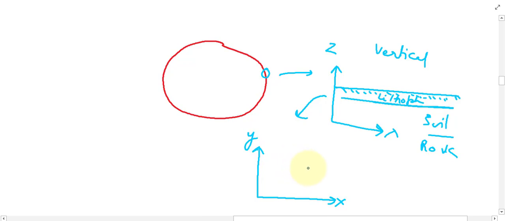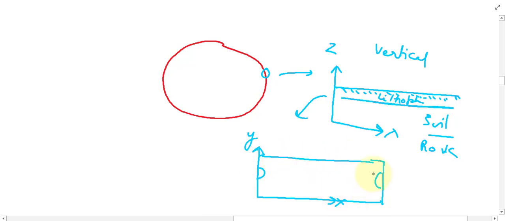for this I will consider again the same example of a football field, which is just like this. So this football field has a small area, so this is assumed to be plane.